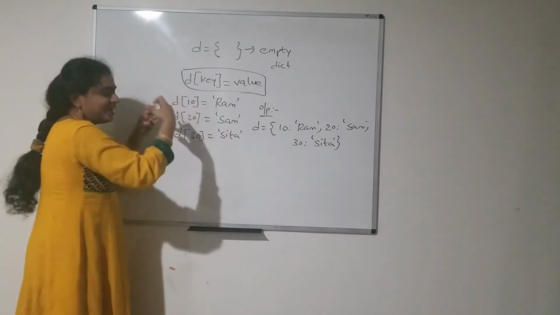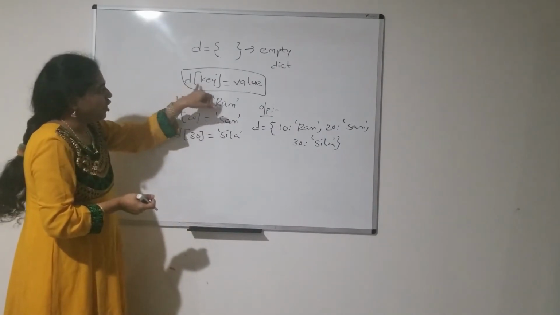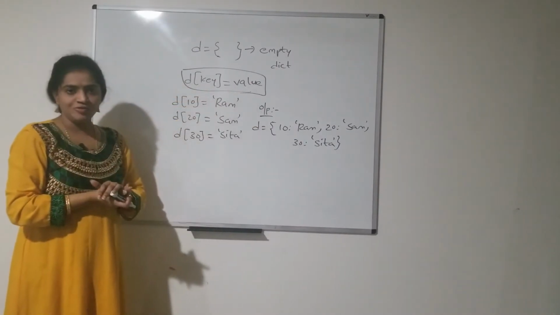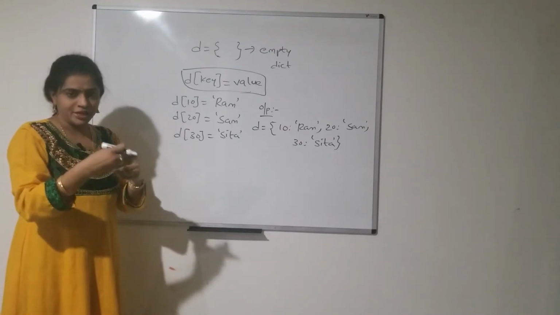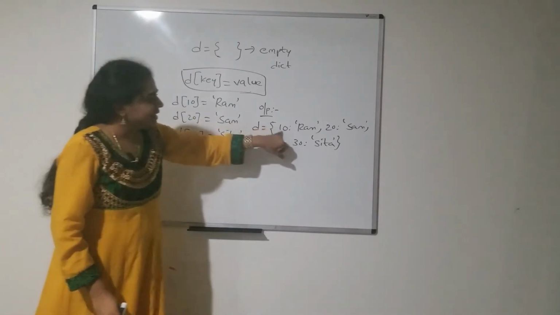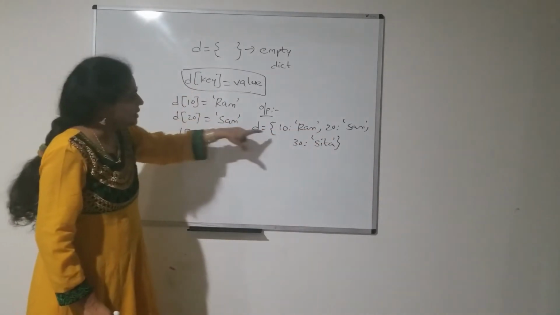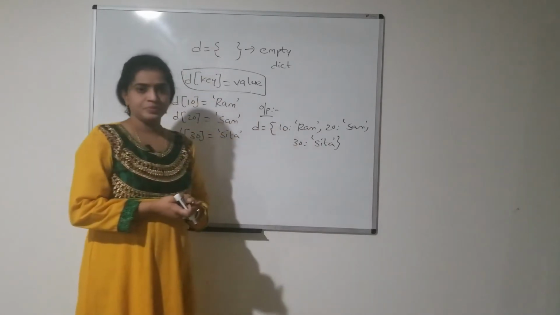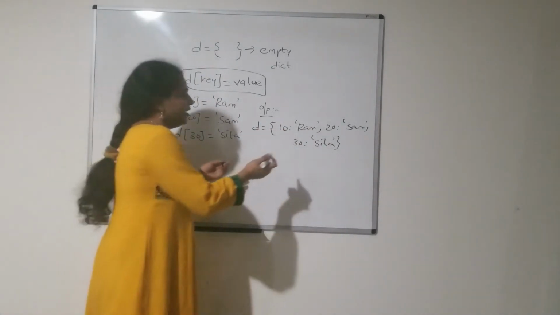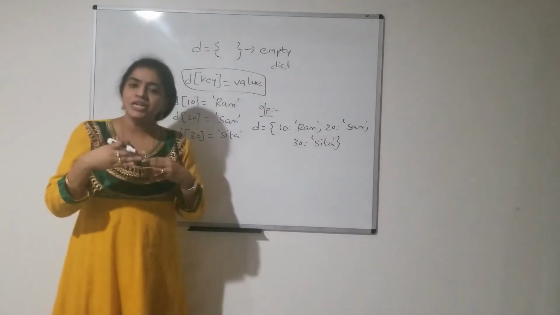That means this is for inserting the elements into the dictionary. D of key equal to value is the syntax you have to follow to insert the elements into the dictionary. So here D of 10, D of 20, D of 30, these three are keys, and Ram, Sam, Sita are values. Here for keys and values, you can take heterogeneous data types.